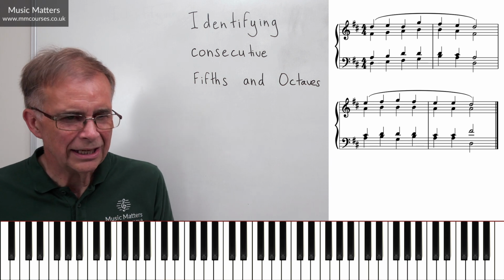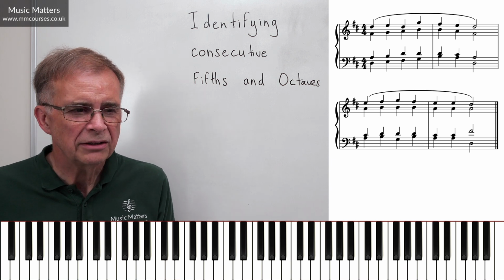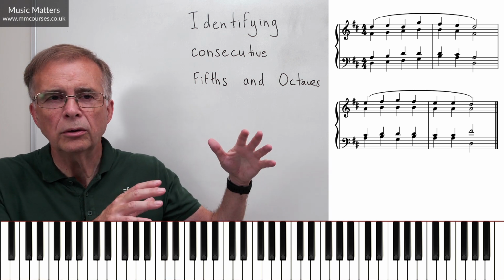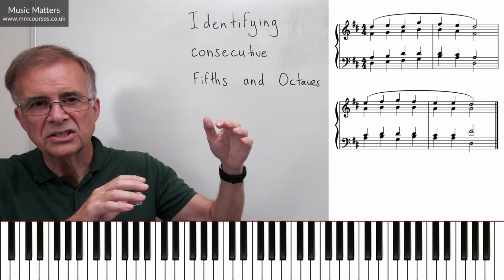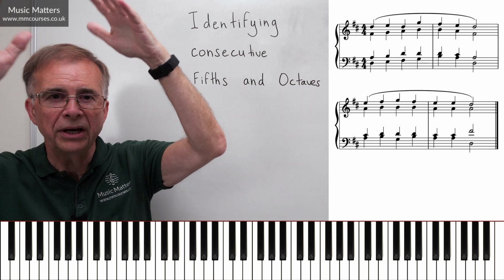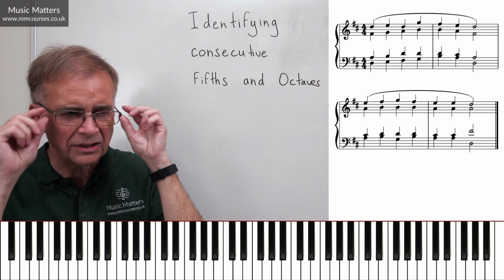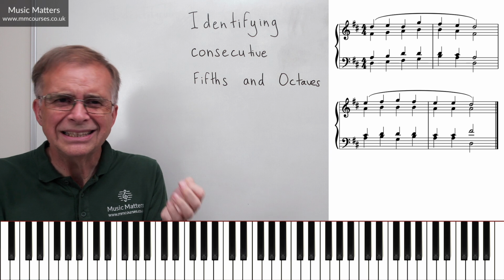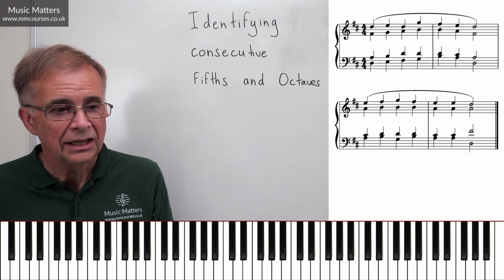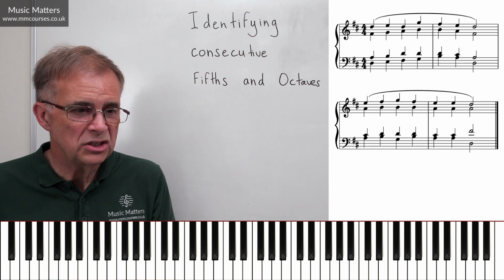But it's not just exams. If you're writing a piece of music in four-part harmony, often you get consecutives because the whole thing is moving by step in the same direction, or the whole thing is leaping by the same amount in the same direction. And that usually makes for slightly less successful, slightly less independent writing than if we try to avoid doing that.